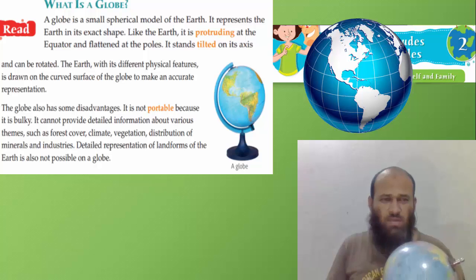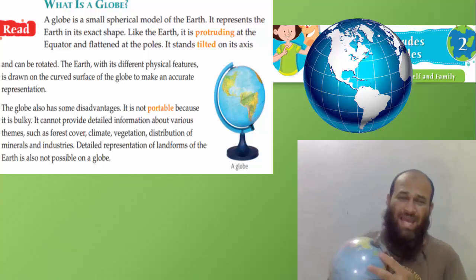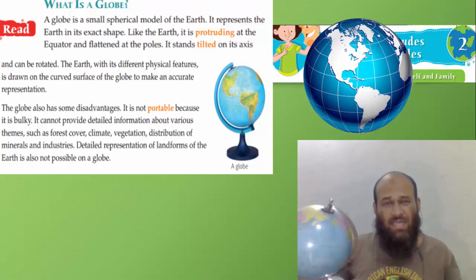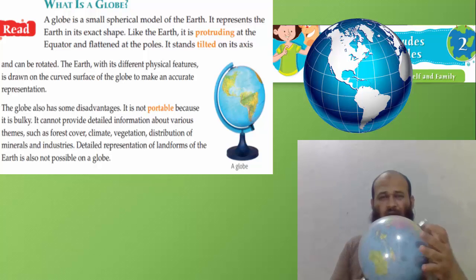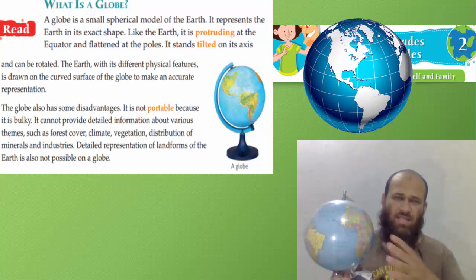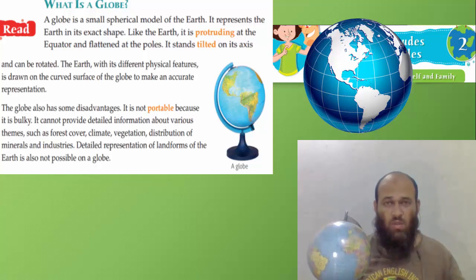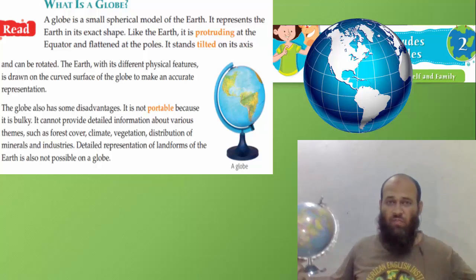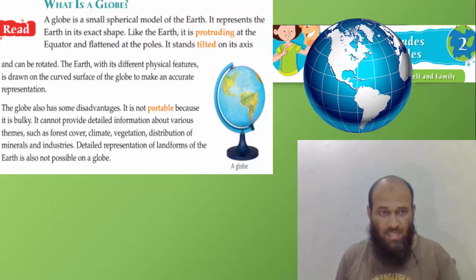Like, a globe is not portable. You cannot carry it in your pocket because it's bulky. It's big. I mean, this is a very small globe compared to what we have at school, compared to different globe sizes in the market in different societies.